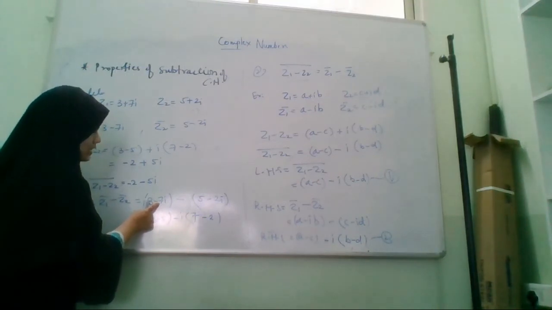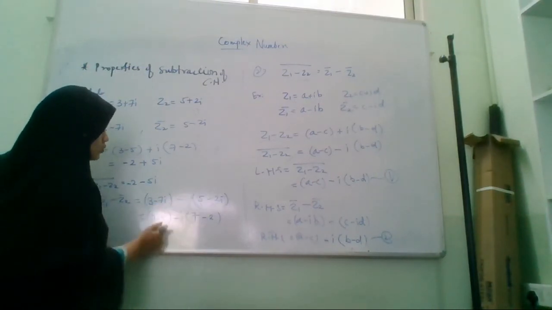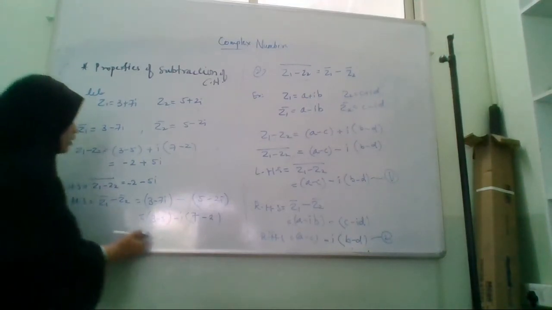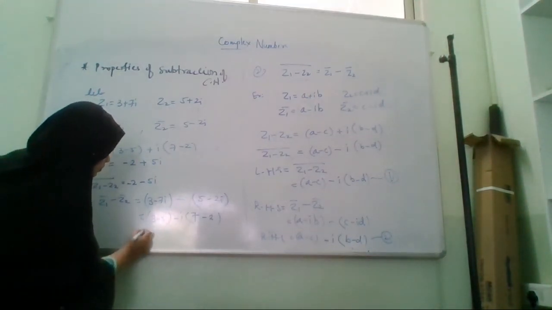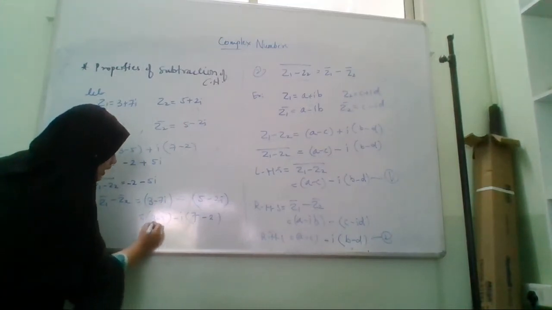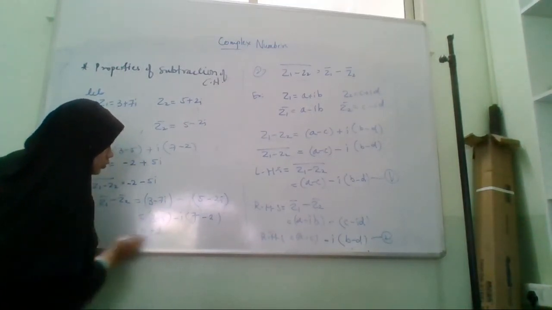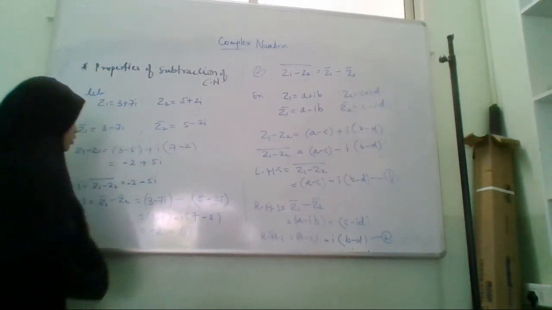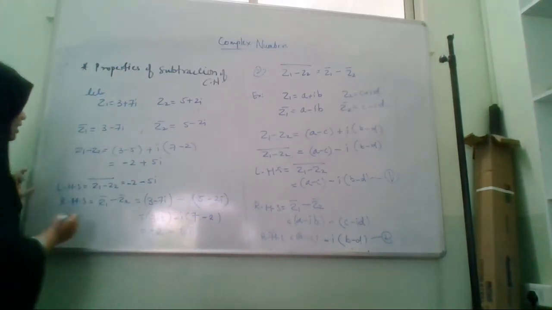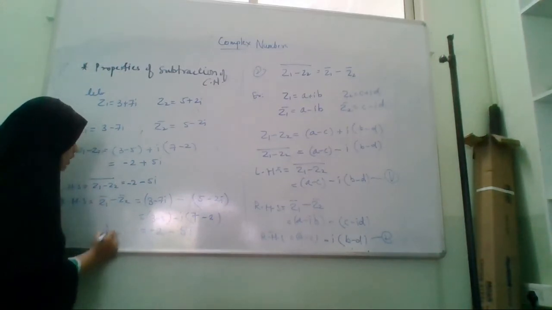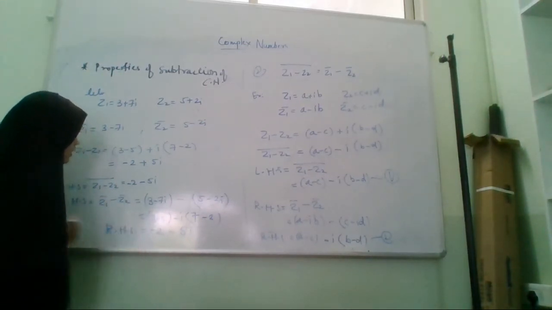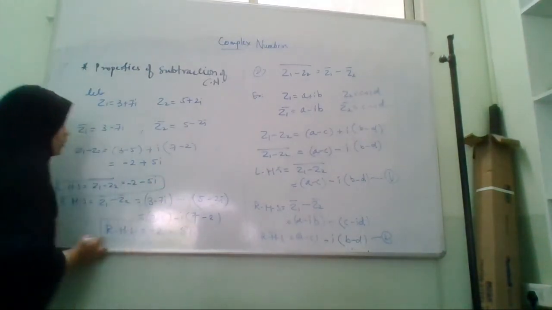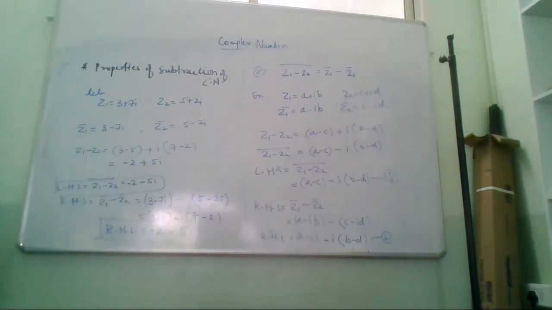So 3 minus 5 is minus 2, and minus 7 minus 2 will be minus 5i. So you can compare these two answers. This is your RHS. From LHS and RHS, you can see both are equal.